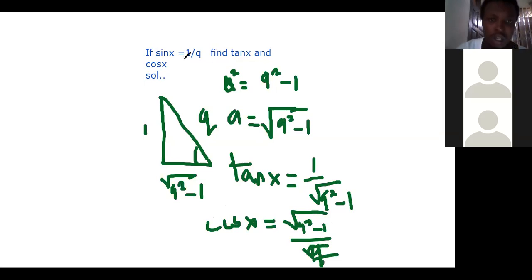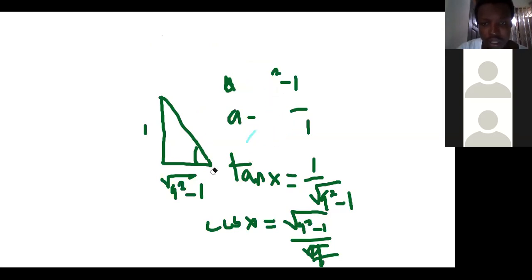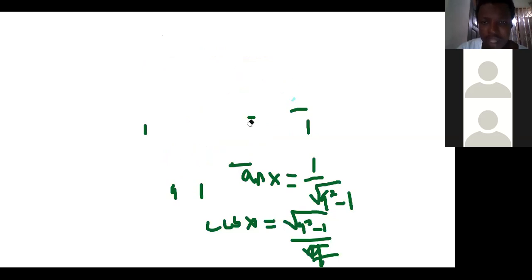Okay, now let me clean the board and let's do the trig inverse. In our previous discussions, and even the ones we are doing now, we are normally talking about finding cos x, tan theta, cos theta, sin theta, cosec theta, and so on, but we are not talking about finding x or theta itself.